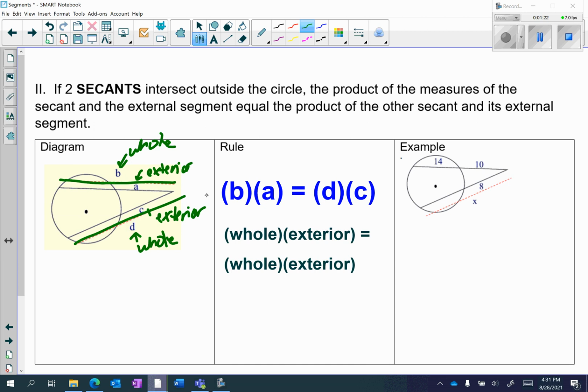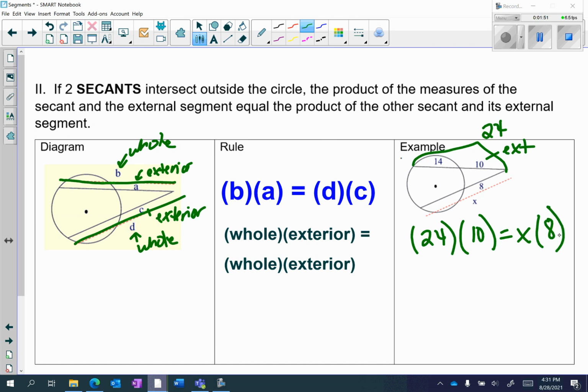So let's look at our example. Here we want the whole. So the whole is 14 plus 10, which is going to give me 24. Make sure you add when the two segments are next to each other. So we're going to have my whole, which is 24, times my exterior, which is the 10, is equal to the whole, which is x, times the exterior, which is 8.